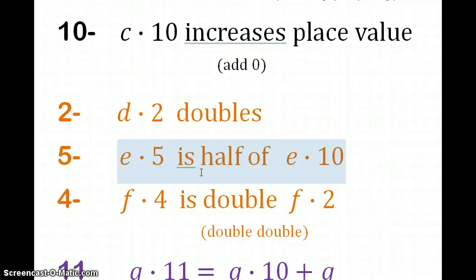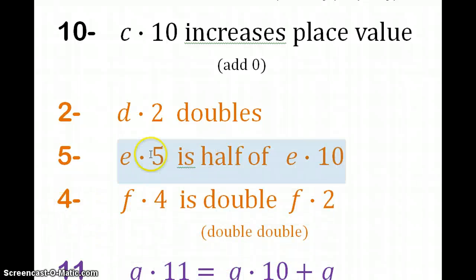A lot of students haven't realized this on their own, but most of the fluent students have, that with your 5s facts, there's a half relationship there where we get to take half of a number and then add the 0. Or what my students helped me realize this year is if I multiplied something by 10, I could take half of that, and that would be the 5s fact. So any 5s fact is half of the same 10s fact, which makes sense, and it helps you figure things out, which is going to develop your long-term memorization, recall, I should say.